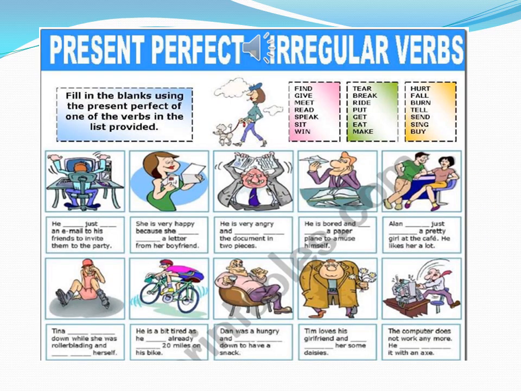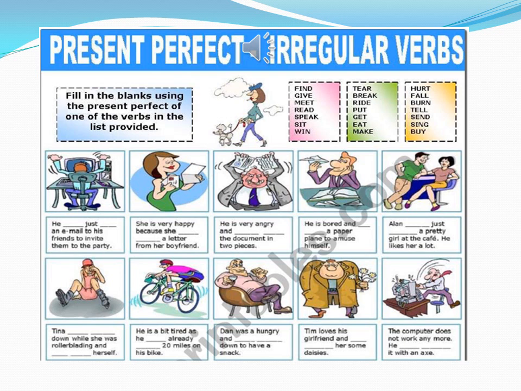We have here one example about the present perfect and irregular verbs with the flashcards. This is the printable material. Fill in the blanks using the present perfect of one of the verbs in the list provided.